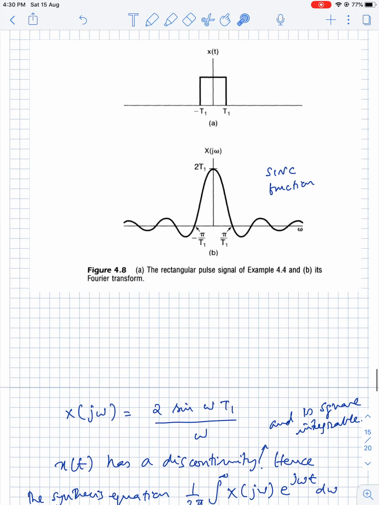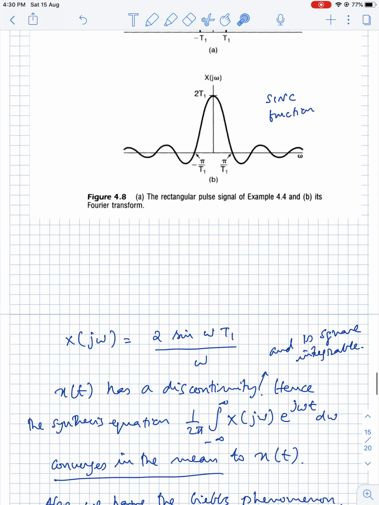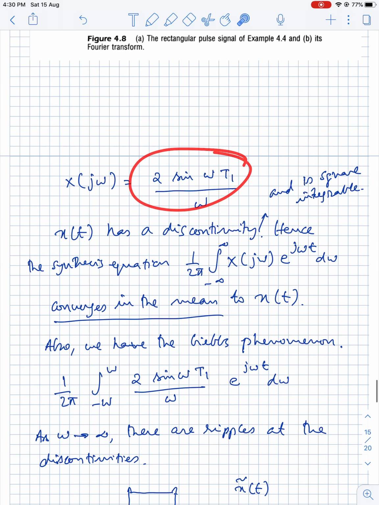This function is square integrable, and hence when you put X of j omega into this synthesis equation, it converges in the mean to x of t.